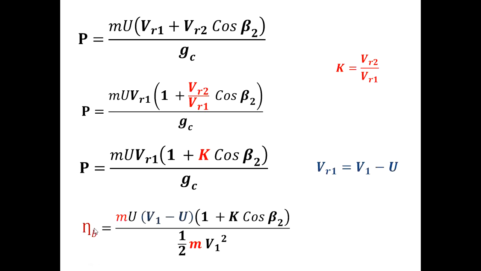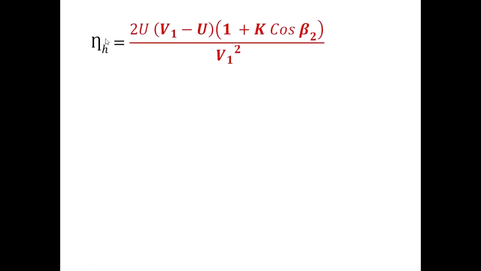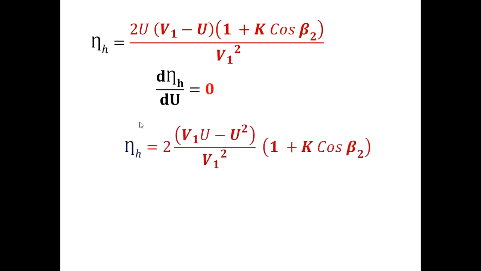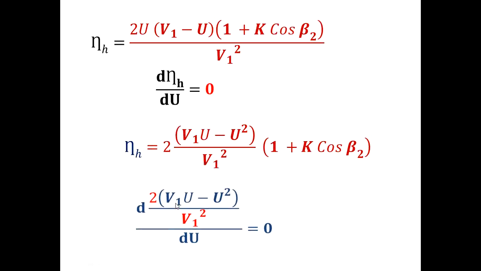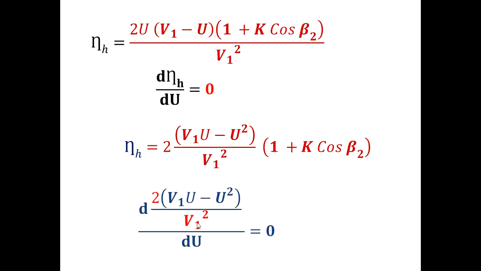And blade efficiency is equal to half m v square. Sorry, it is supposed to be hydraulic efficiency. So hydraulic efficiency is equal to 2u times (v1 minus u) times (1 plus k cos beta 2), divided by v1 square. For maximum blade efficiency, differentiate with respect to u, not phi, and equate to 0. In this expression you can't find a u term in the other factors, so I am taking it separately. Differentiating u times (v1 minus u): v1 square does not get differentiated, 2 will not really matter, you eliminate this one, you know very well.